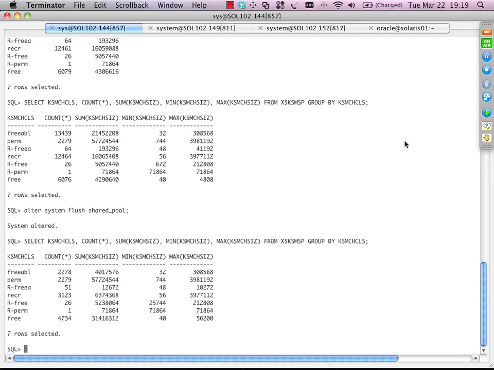All right, so far I showed you free chunks, but what are these here? So I'll start with the simplest. Permanent chunks. These are not used for cursors or PL/SQL and so on. Permanent chunks are used for permanent allocations.